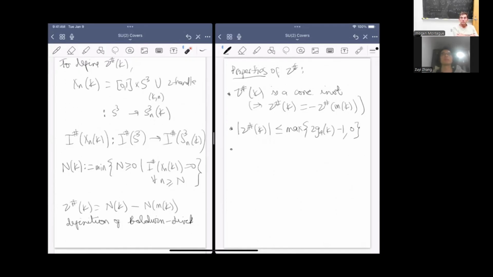And if K is an instanton L space knot, which includes positive torus knots, then this invariant is completely determined by the 3-genus of the knot, not even the 4-ball genus, but just the 3-genus.